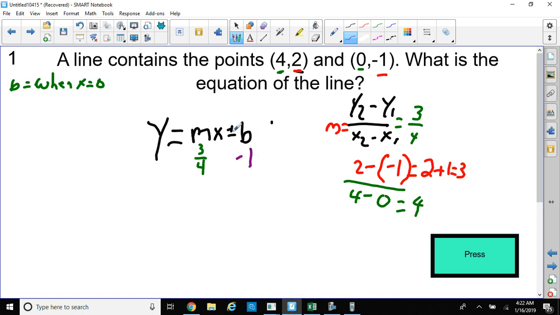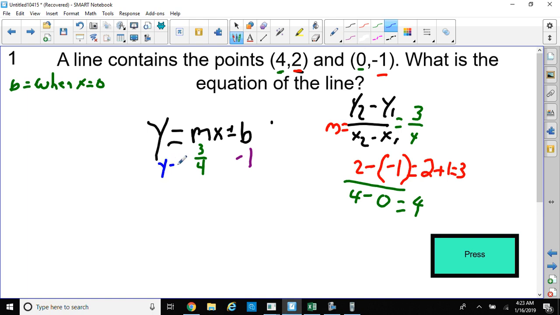The reason why I put the plus or minus here is because sometimes the y-intercept is a negative number and sometimes it's a positive number. So far we got our m, or slope, which is 3/4, and our y-intercept, which is negative 1. So let us put down the remaining letters that we need for our equation.